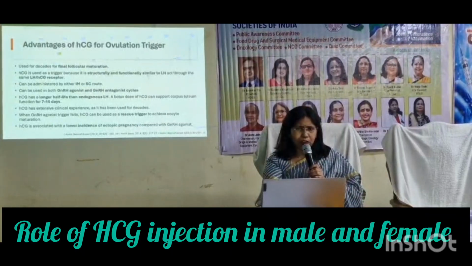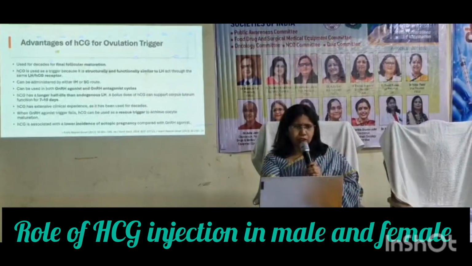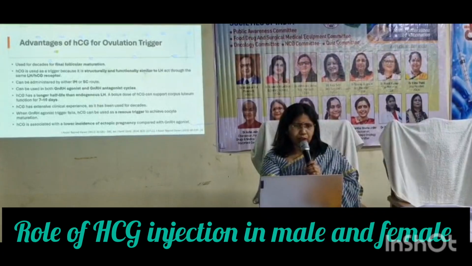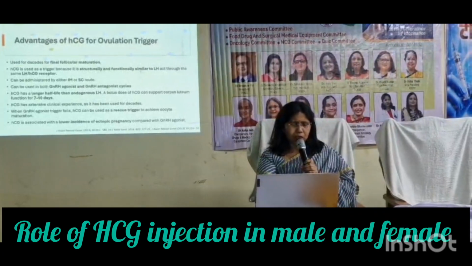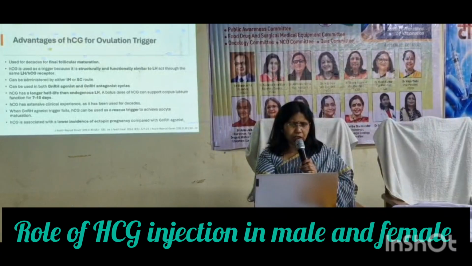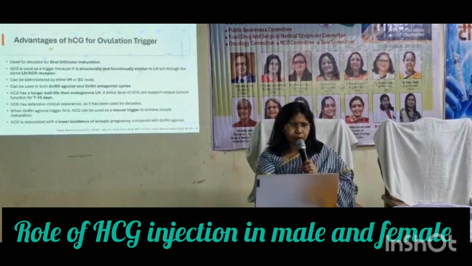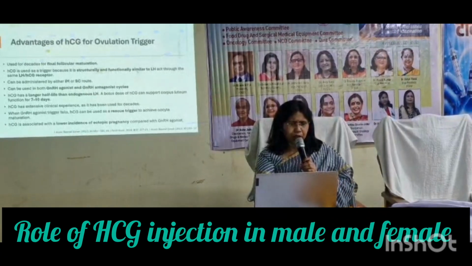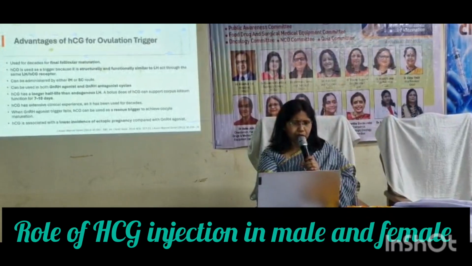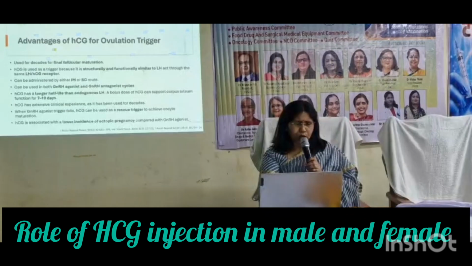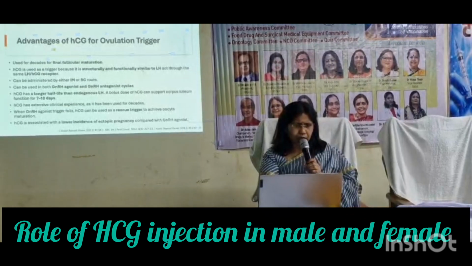Now, advantages of HCG for ovulation trigger. Used for decades for final follicular maturation. HCG is used as a trigger because it is structurally and functionally similar to LH, acting through the same LH-HCG receptor. Can be administered by either IM or subcutaneous route. Can be used in both GnRH agonist and antagonist cycles.